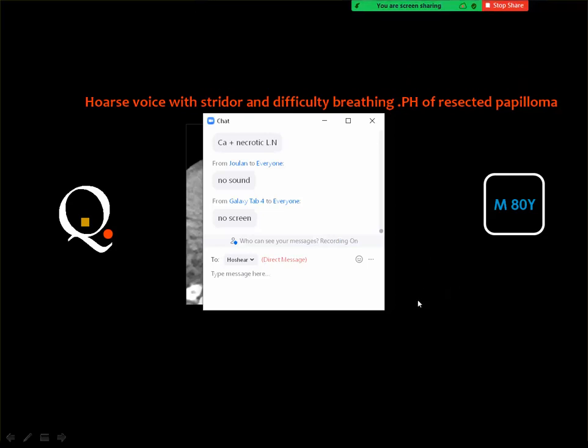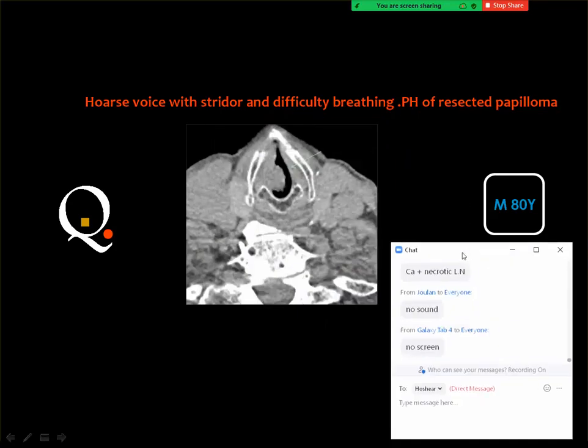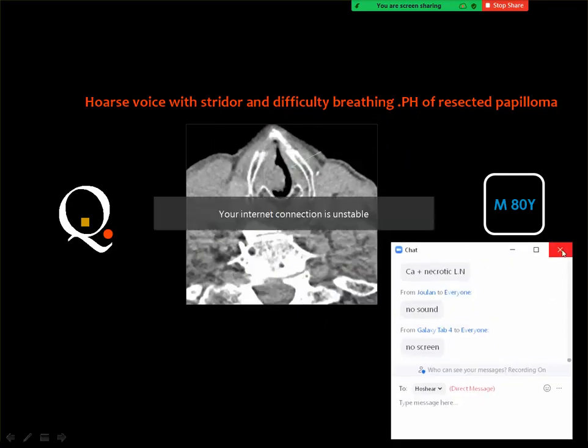Okay, I am sorry for this disturbance because the net is fluctuating, and sometimes there is interruption of the internet, and we have to wait until the connection is regained.